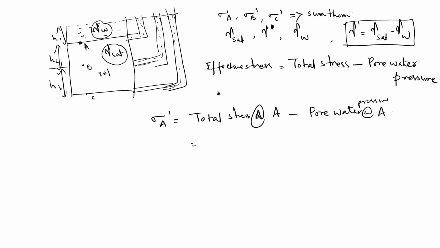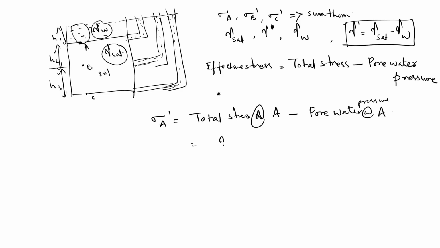Whatever is the weight of the sample above A, maybe water, maybe soil, that total stress is due to the sample above A. Only water is existing, so total stress is coming only due to the water.